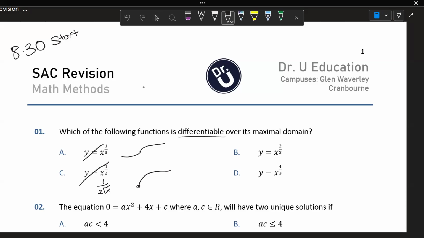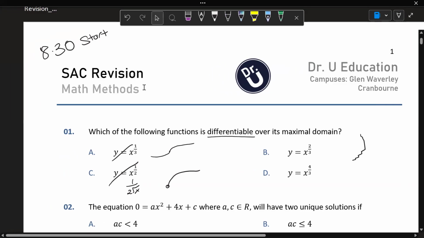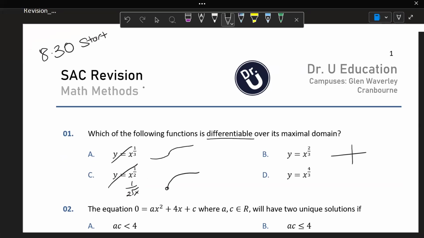Y equals x to the power of 2/3. This also doesn't work because if you look at the graph, it looks something like this. It's a bit hard to draw, but it's very sharp like that, and the gradient is not 0 there.